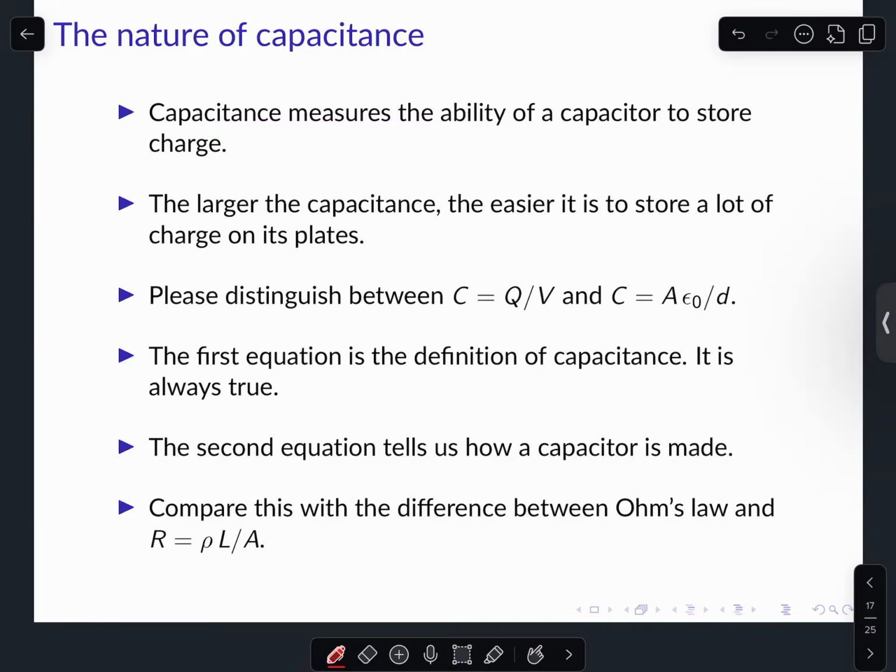The larger C is, the easier it is to get a lot of Q, a lot of charge, for each amount of voltage that you've got. I want you to distinguish, no, I insist you be able to distinguish between the definition of capacitance, charge per volt, and the particular equation: the capacitance of a parallel plate capacitor is A epsilon naught over D. A epsilon naught over D is sometimes true.